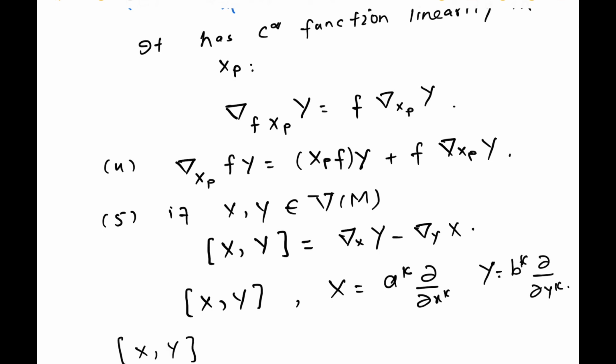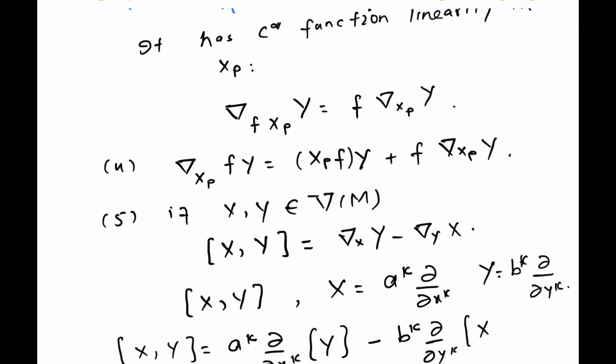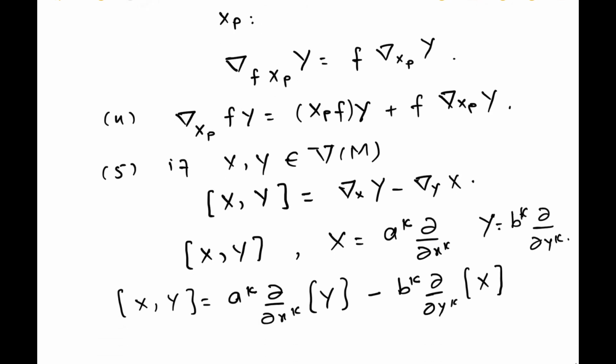Then [x, y] will become equal to ak, and the application of x on y first, partial xk on y, and minus then bk partial yk on x vector field. So this is actually equal to this thing.